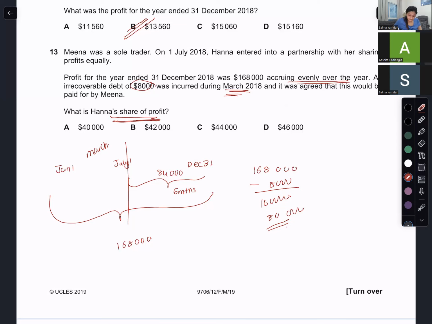Now tell me, what was Hannah's share of profit? You have to do 160,000 into 6 upon 12. The irrecoverable debt happened over here.